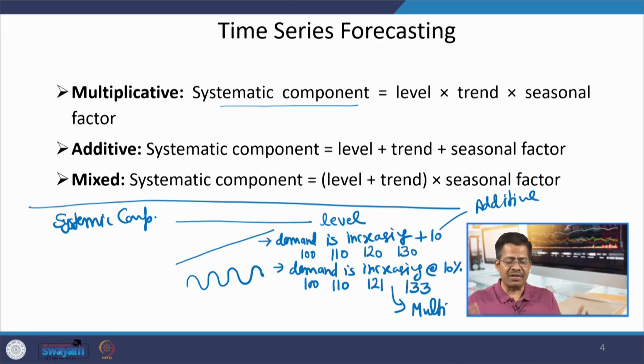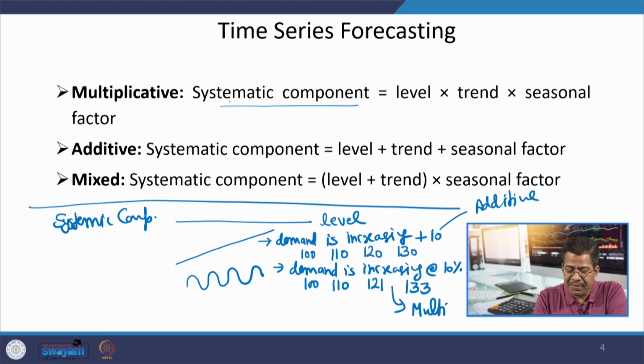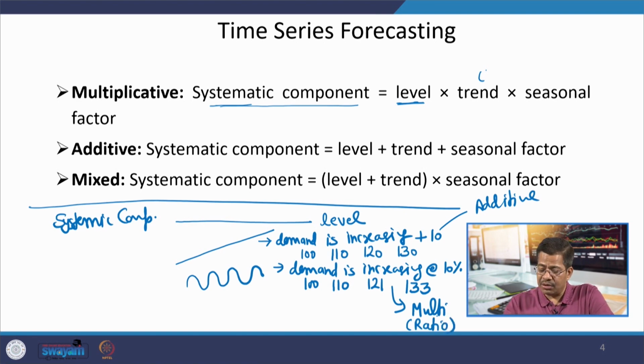So, based on all these things, you may have your systemic component, which may have level, and trend is also multiplicative if all these are multiplicative. One more thing, you can call multiplicative as ratio also and additive as linear. So, these are other terms which are popular in literature for additive and multiplicative: linear and ratio.